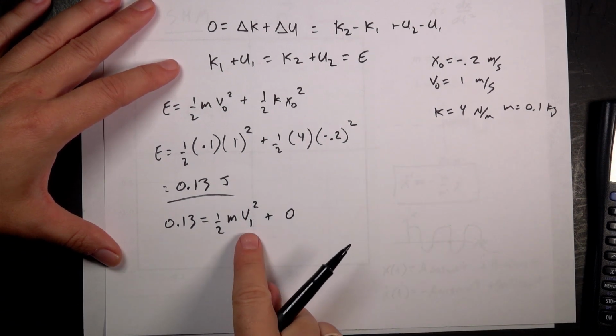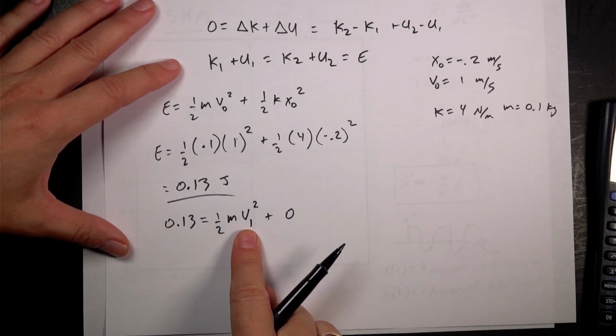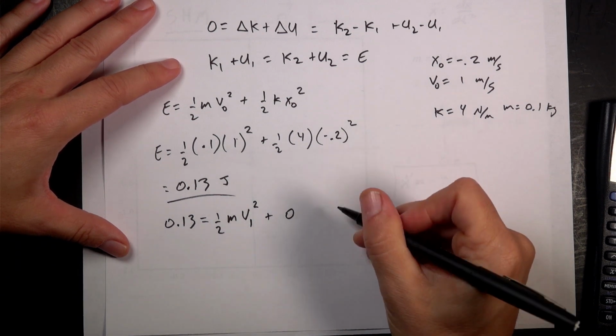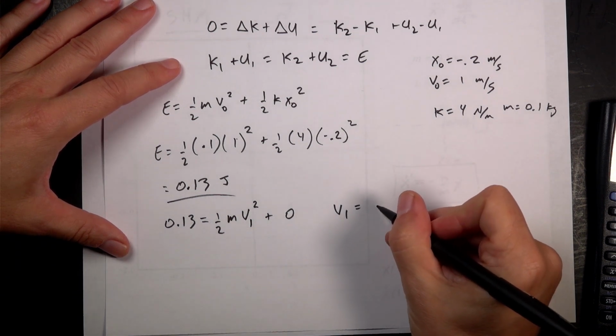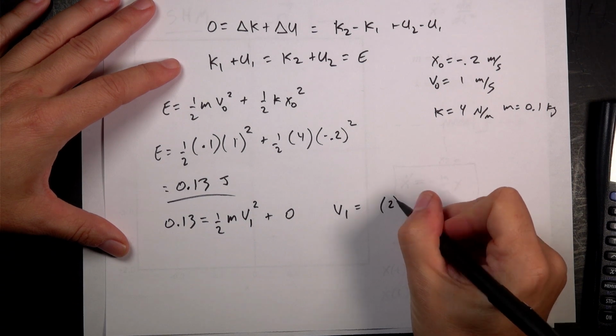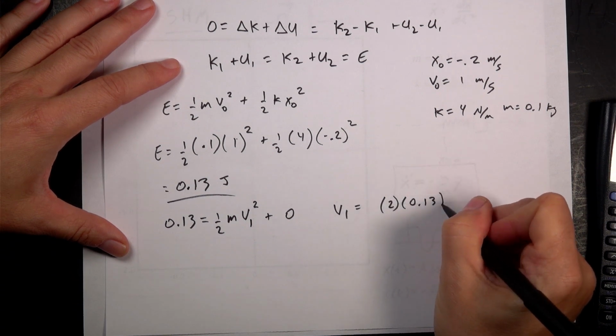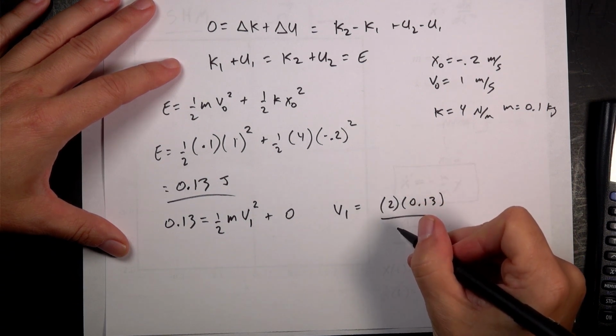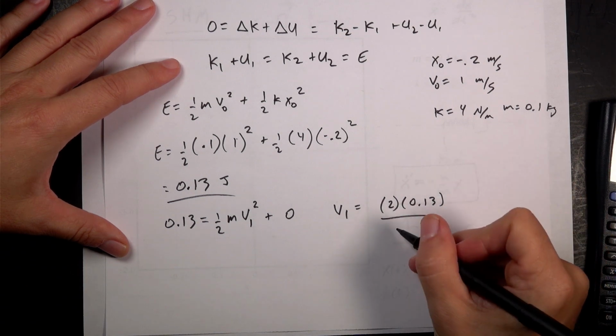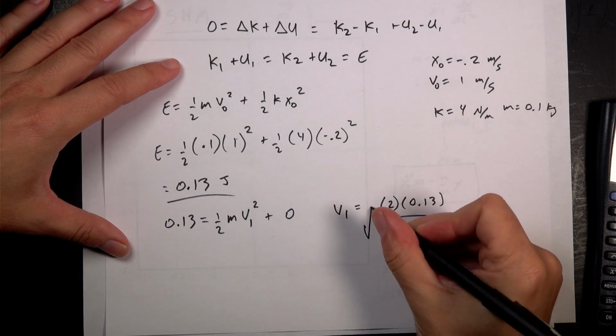Now I can find v1, the velocity at the equilibrium point. So v1 is going to be 2 times 0.13 divided by the mass, 0.1, and then take the square root.